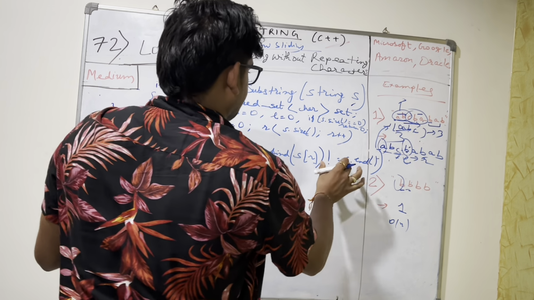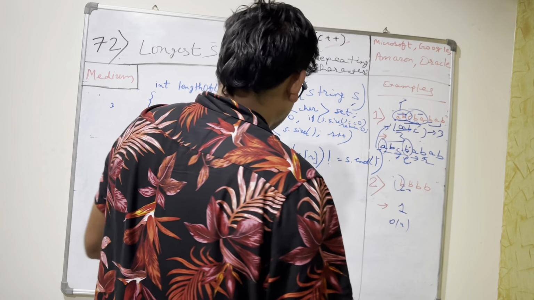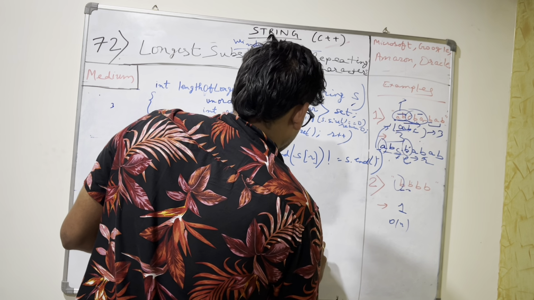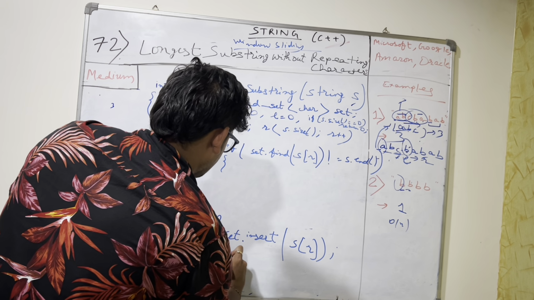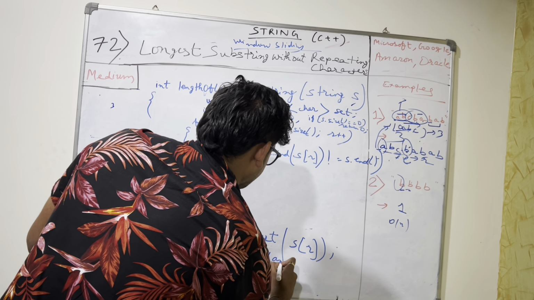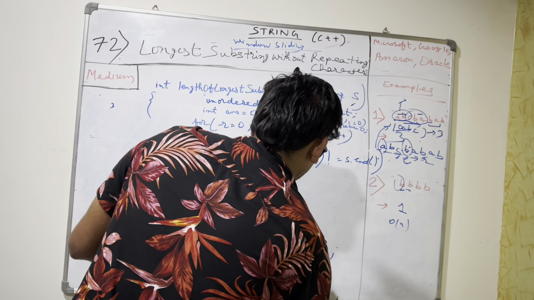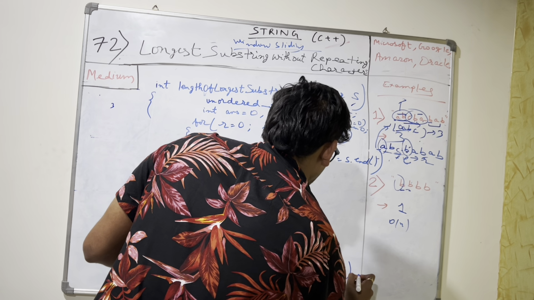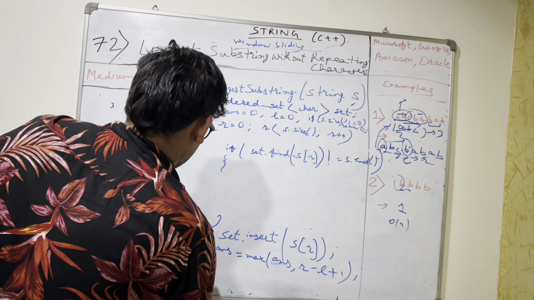Say the character A in the beginning is not present in the set, so it would not come into this condition, and we will insert it into the set. Our answer would be the max of the answer that we have previously, which is 0, and R minus L plus 1. At the end you will return answer.